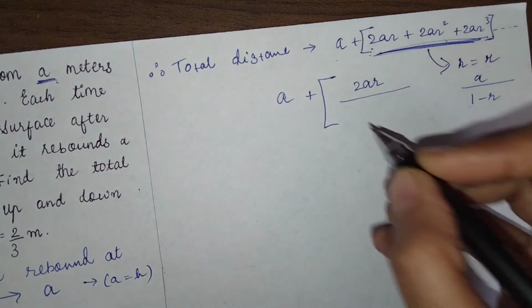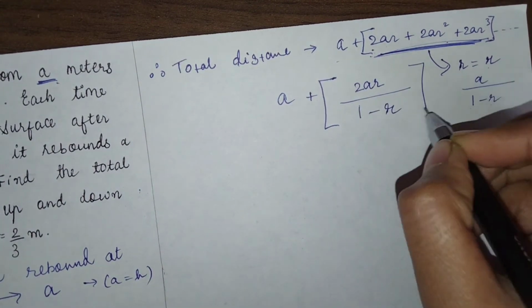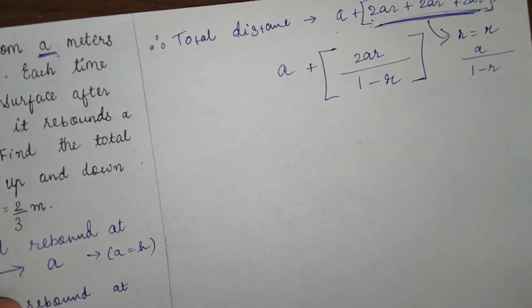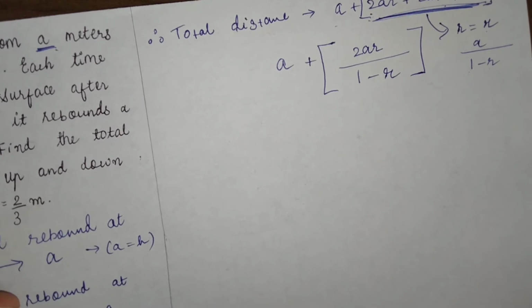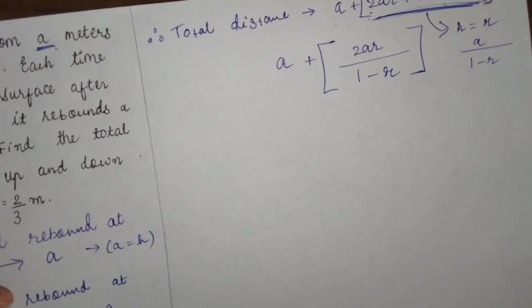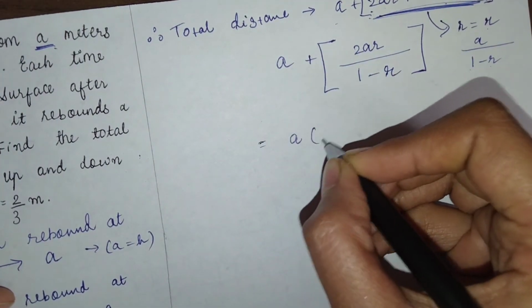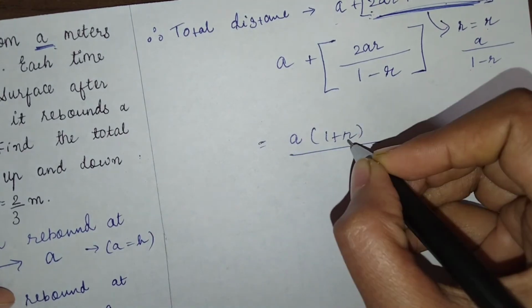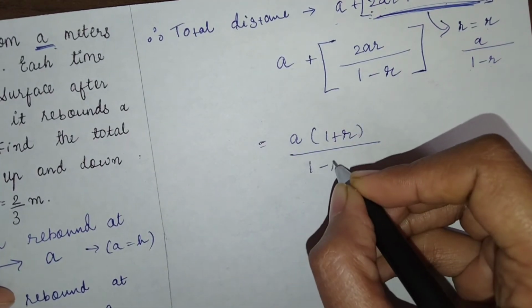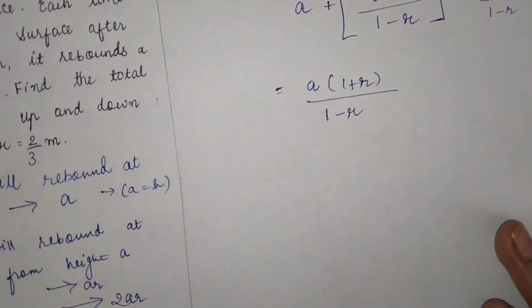So a plus 2ar divided by 1 minus r. Okay? So we can rewrite it as a into 1 plus r divided by 1 minus r.